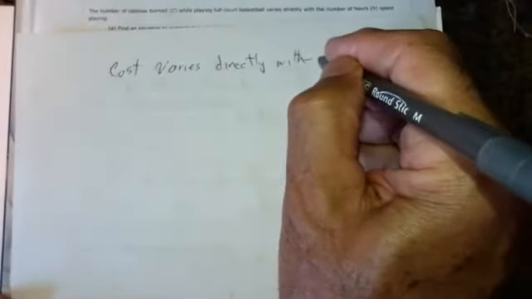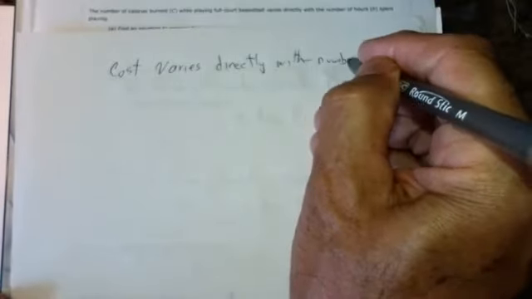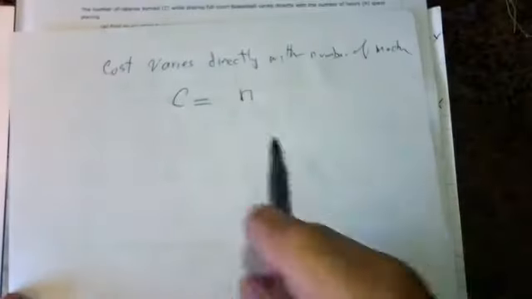Cost varies directly with number of machines. Say cost varies with n, number of machines, right? Cost varies directly with number of machines. So you just throw a k here too.